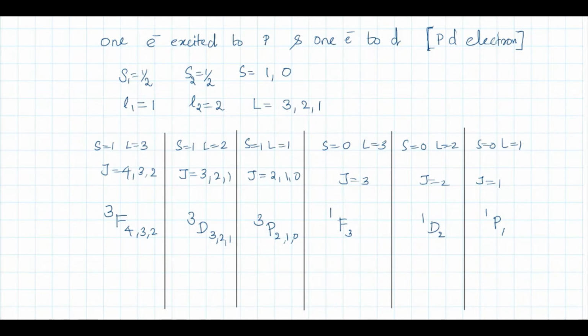For S equal to 1, L equal to 2, J can have values 3, 2, 1 and so on. So the terms are 3F, 4, 3, 2; 3D, 3, 2, 1; 3P, 2, 1, 0. Whenever you have S equal to 1, it will be a triplet. Whenever you have S equal to 0, it will be a singlet. So these are the possible spectroscopic terms for a PD electron configuration.